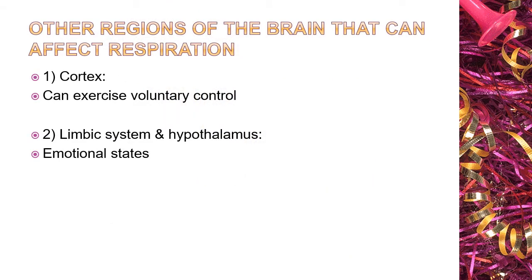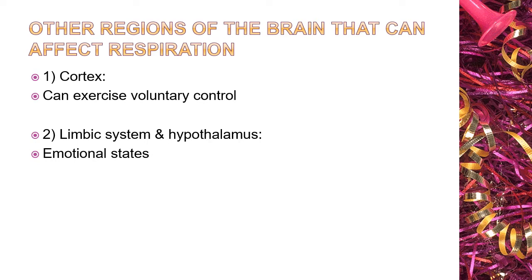Right, so there are other regions of the brain that can affect respiration, and one of them is the cortex. This one is voluntary control. If you recall, the cortex area of the brain is involved in most voluntary control, right?